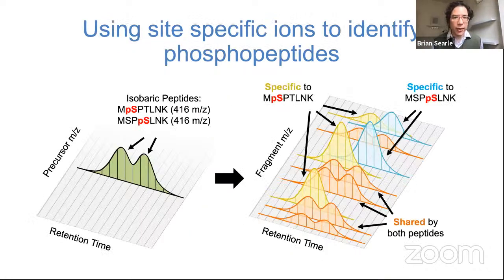Here, for example, we've got an isobaric peptide, so this is exactly the same mass. Both of these peptides share a lot of the same orange fragment ions, but there are some yellow fragment ions and some blue fragment ions that are specific to one form versus the other, and that gives you a chance to tell the difference between them.